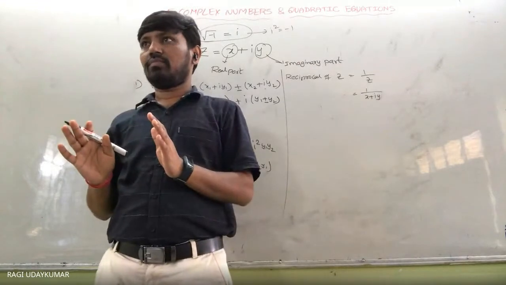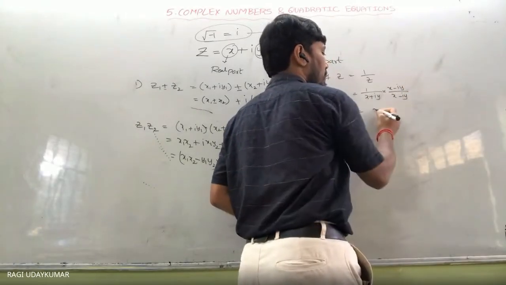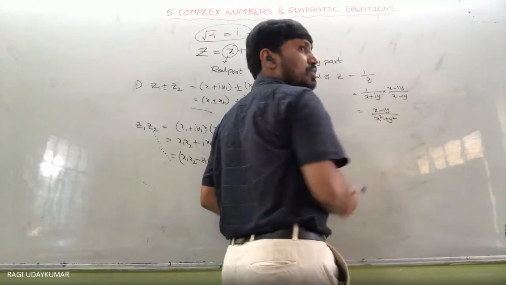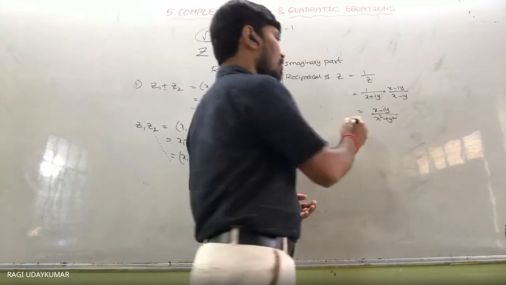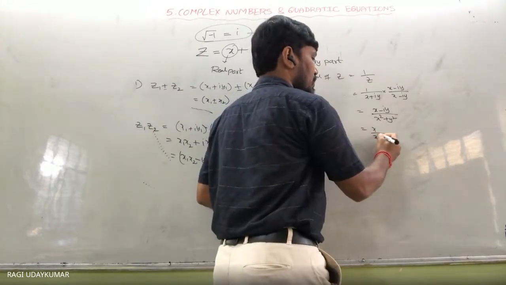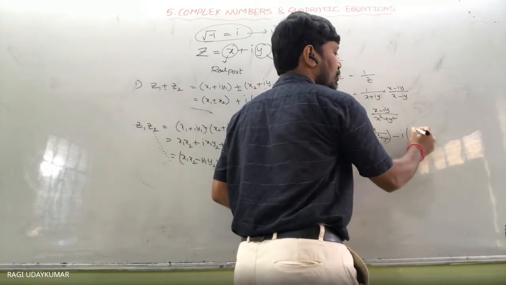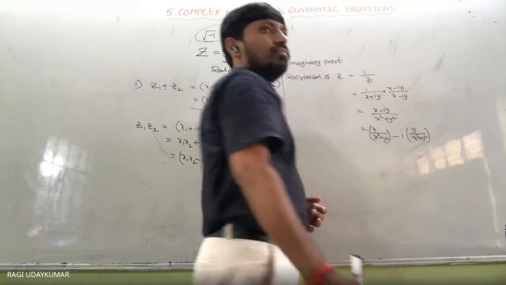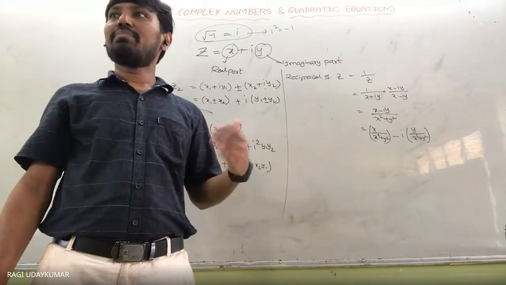So what to write here? You have to multiply x minus iy in the numerator and the denominator. In the numerator में x minus iy आ जाएगा, in the denominator x square plus y square आ जाएगा. Now which is equal to x by x square plus y square minus i into y by x square plus y square. This is the multiplicative inverse.